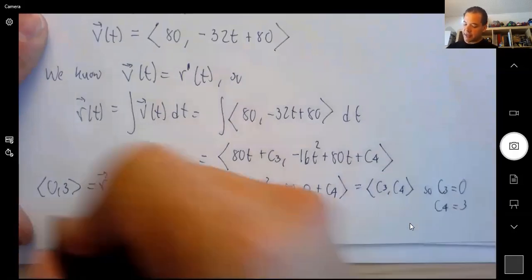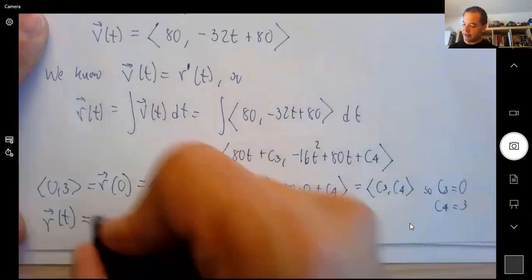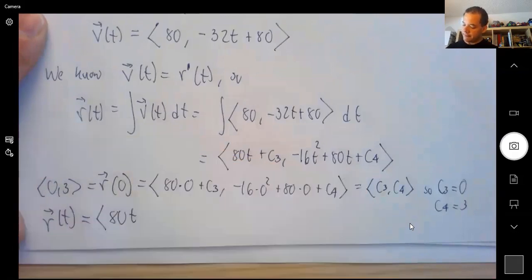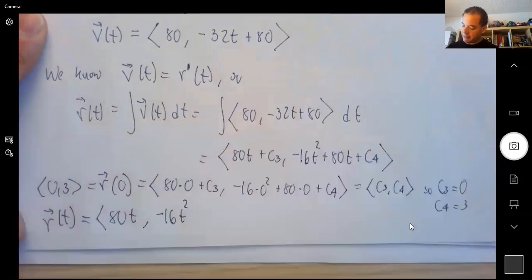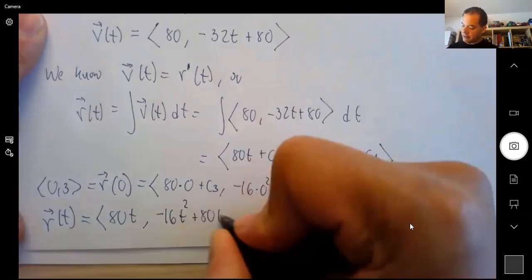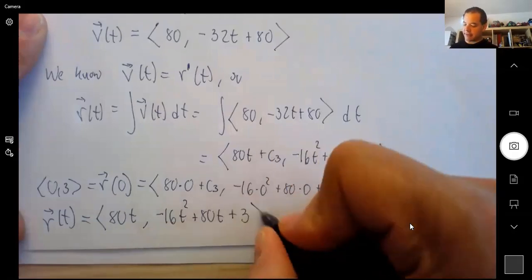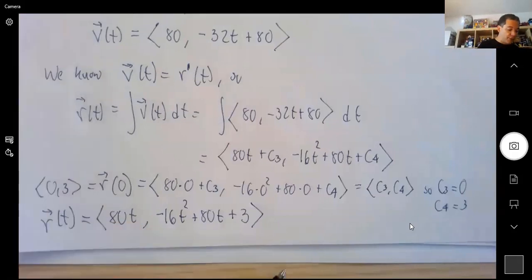And here's our final answer: 80t plus 0, comma, negative 16t squared plus 80t plus 3. That's the vector function that describes the ball as we hit it.